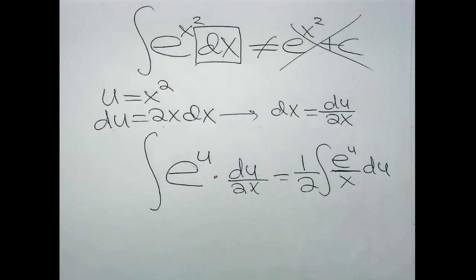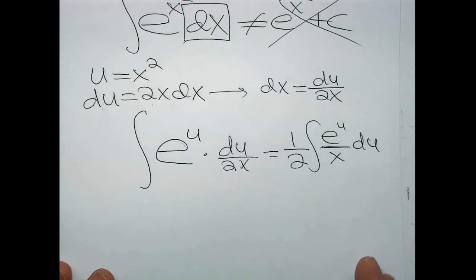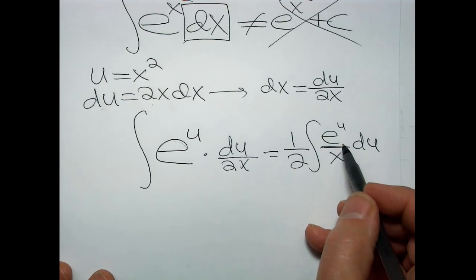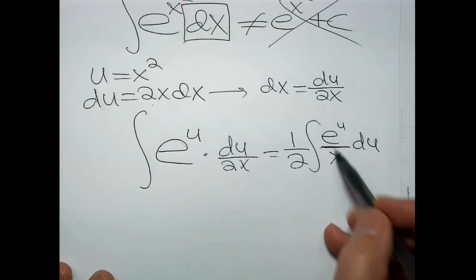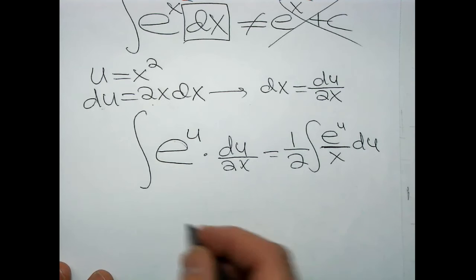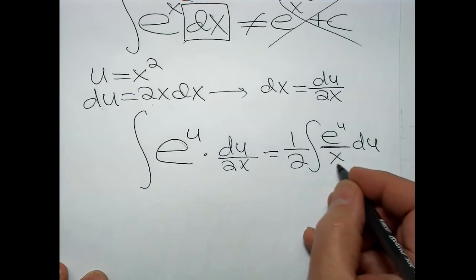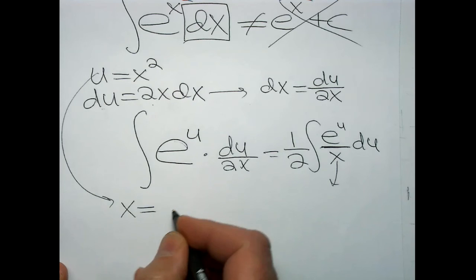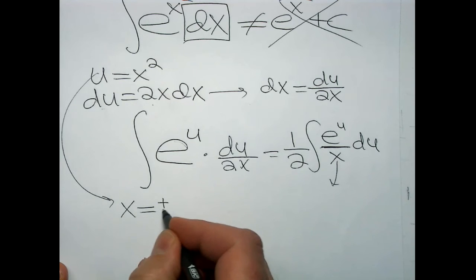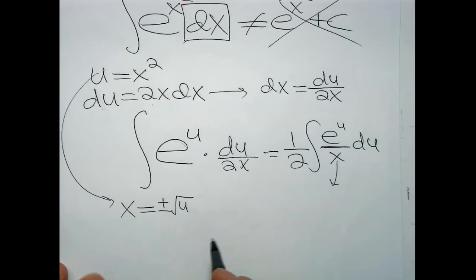Secondly, it's a fraction. I can't do fractions of any kind right now. So that's a problem too, unless it matches the natural log pattern. Well, first of all, the variables don't match, so there's no sense in even trying that. Well, I might be able to do something about this x. Come on over here, and we realize that x is equal to, well, plus or minus the square root of u.